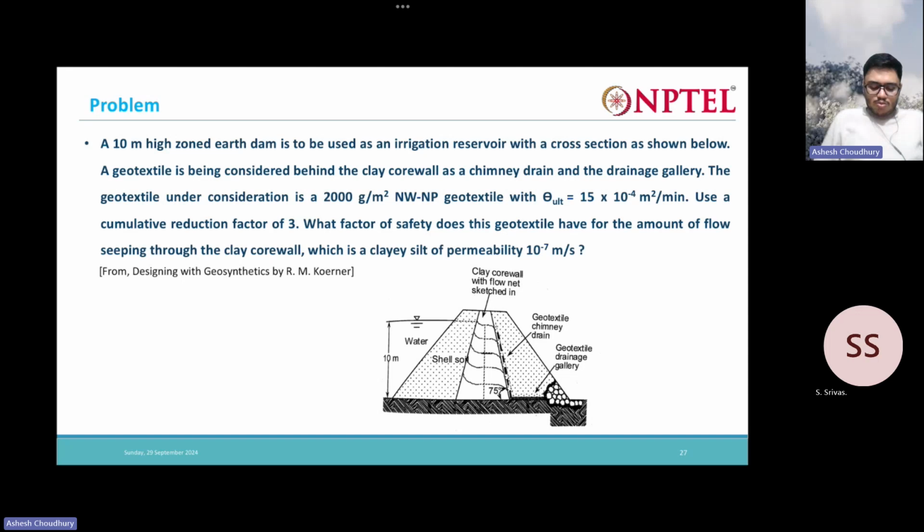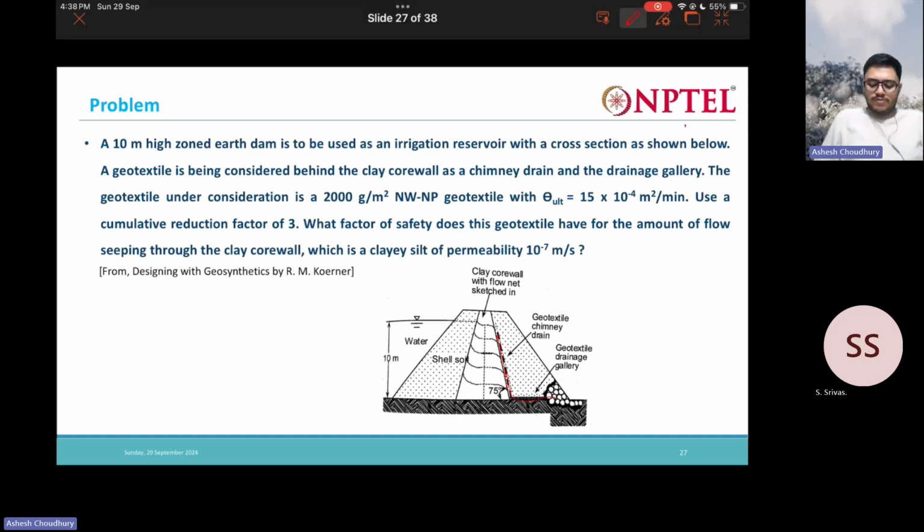So this is the zoned earth dam, and we have the clay core. In the clay core wall, we are planning to have a geotextile drain, so that water that comes here can easily flow out into the final toe drain.